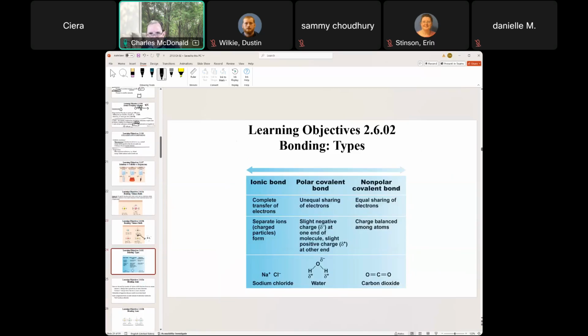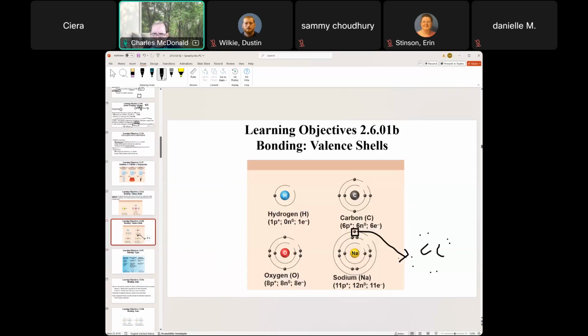So when we absolutely just take this electron, that's what happens with sodium and chlorine. But look, sodium had, let's see, we've got 2, 8, 1. So this guy's got 11 protons. He had 11 electrons. Now he only has 10 electrons because he gave one away.